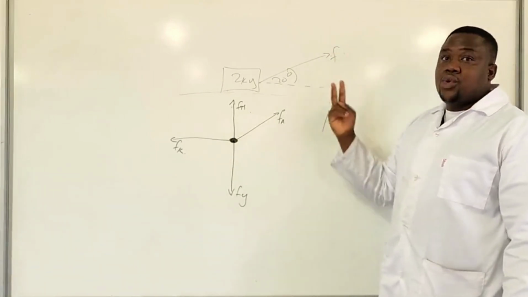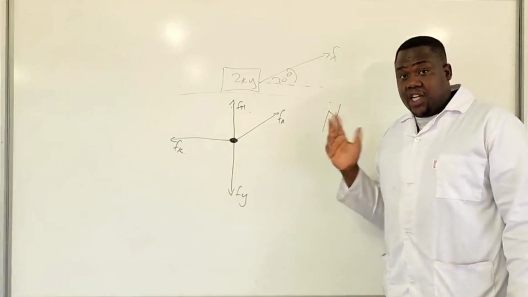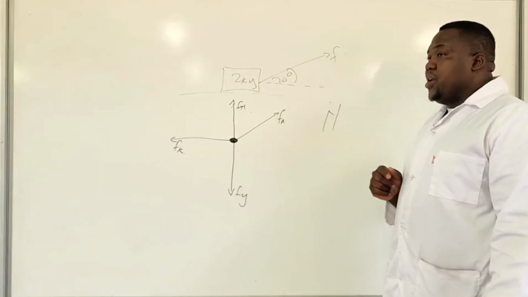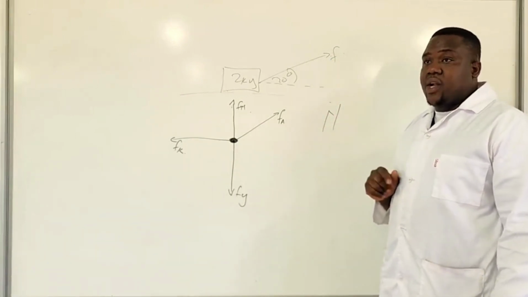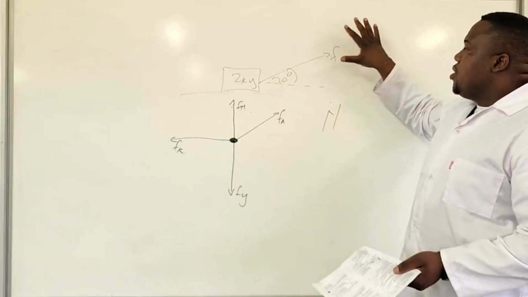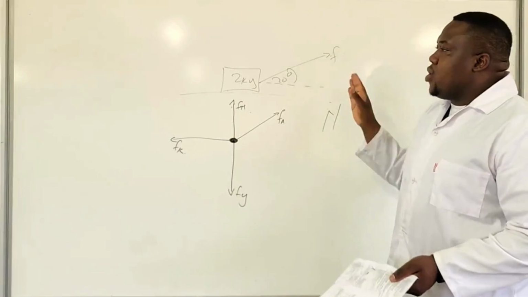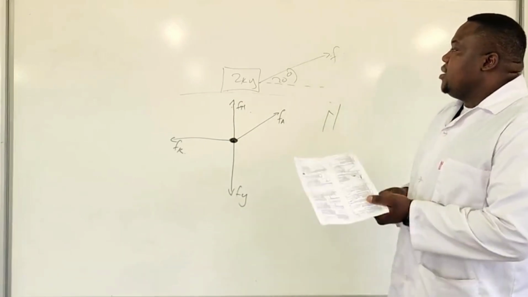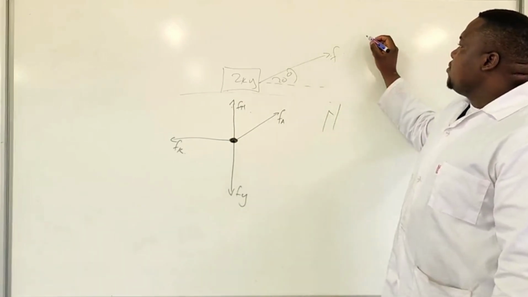Remember, force F has 2 components according to lessons 1 and 2. Check them if you haven't, so that you have a full understanding. We can resolve this force into a vertical component and a horizontal component.